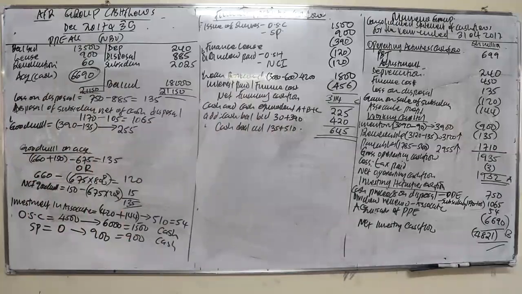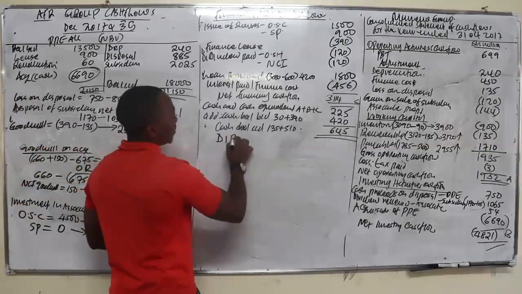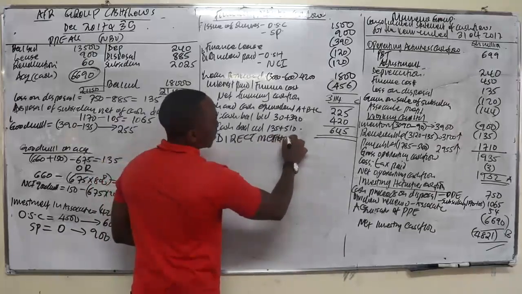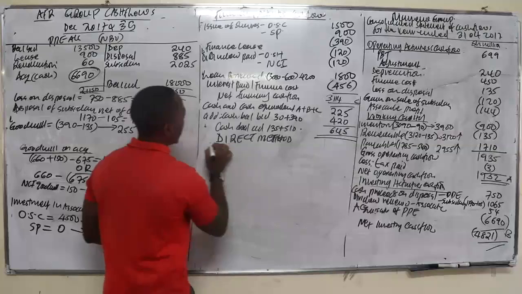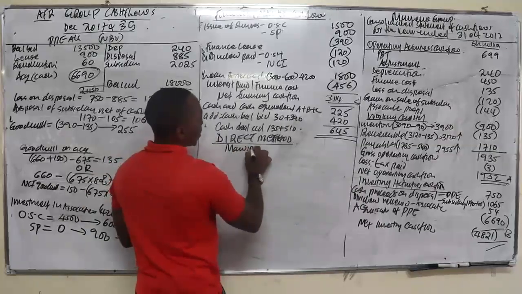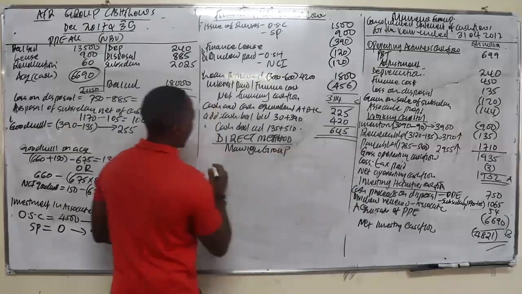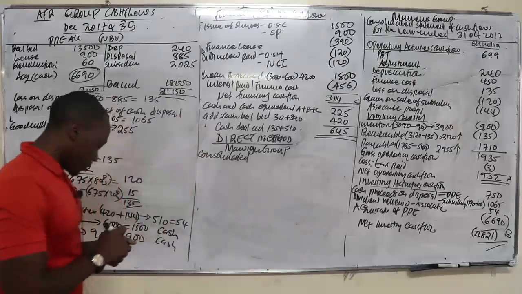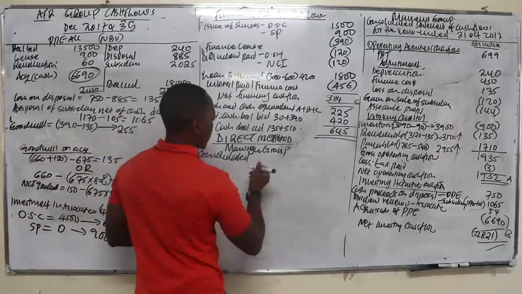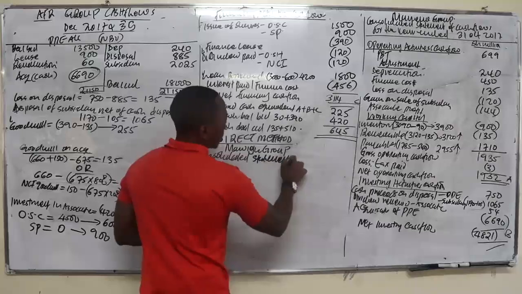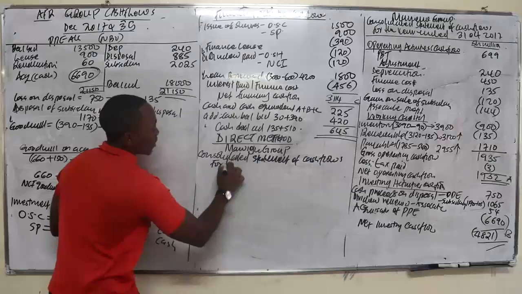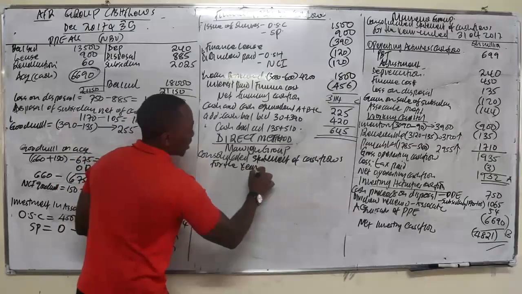So, can I show you how to present using the direct method? Good. If you are to use the direct method, it is Mawigu Group, Consolidated statement of cash flows for the year ended.